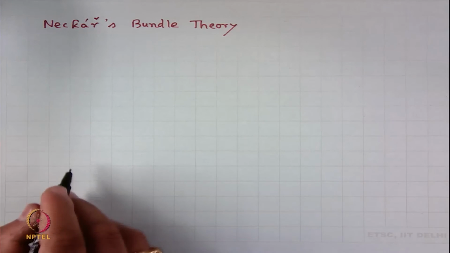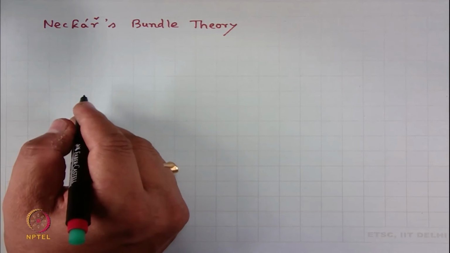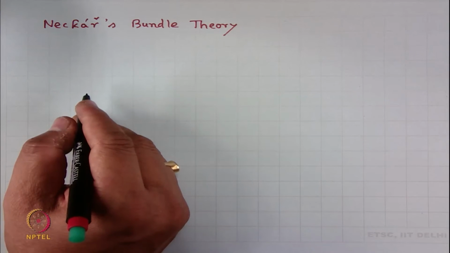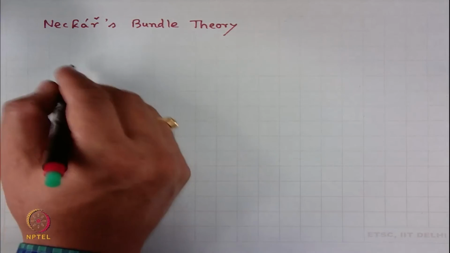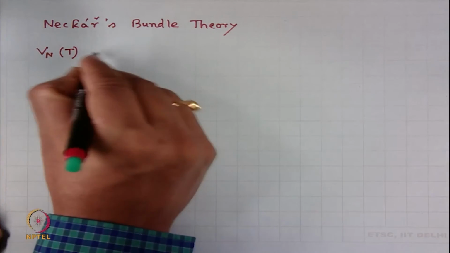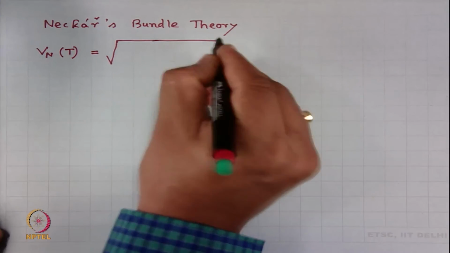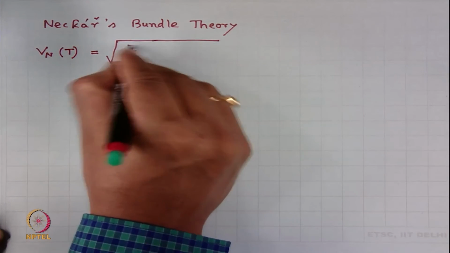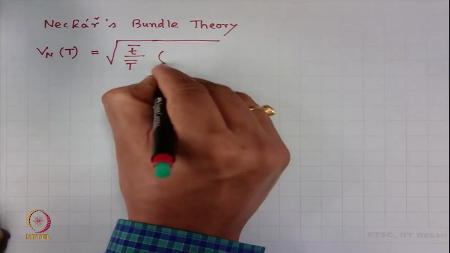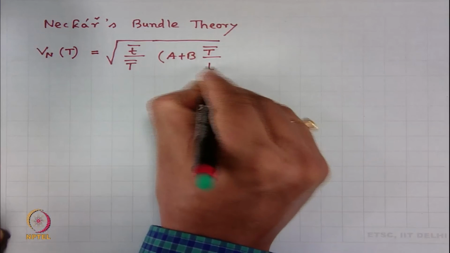Let us see what was this bundle theory data. So, let us write V n t. You remember t bar by this A plus B, that was the formula.